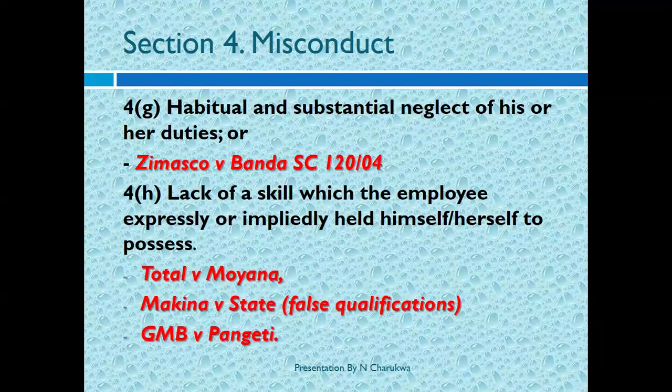So what am I saying? When you look at the habitual, we are saying it is not a single event. It is something that has been repeated over a period of time, whereby we can now say that this is the employee's habit. It is habitual.